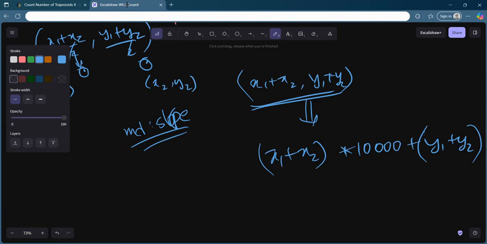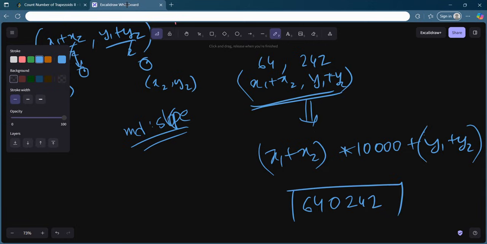Let's say x1 plus x2 is 64 and y1 plus y2 is, let's say, 242. You store 64 here, then zeros, then 242, as a single integer. That's how you can map, and you know that y1 plus y2 will never exceed these 4 digits.